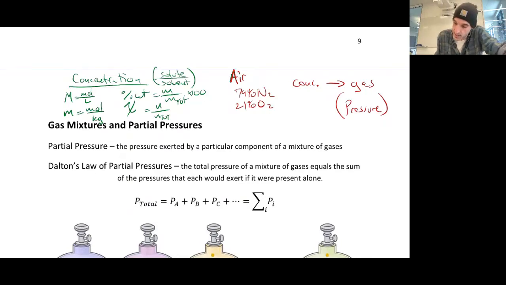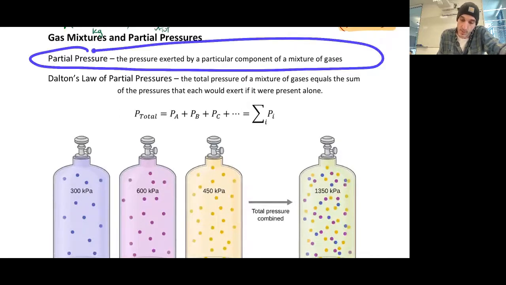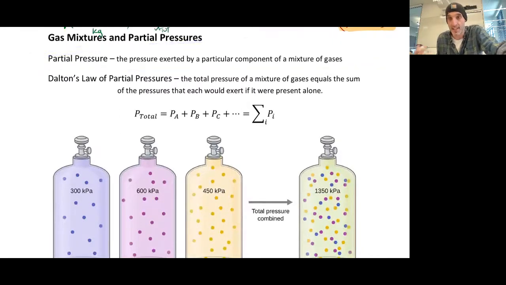So pressure is equal to concentration when we're talking about gases. That 79% nitrogen is going to apply a certain pressure because it's part of the mixture, and the oxygen is going to apply it as well, similarly based on how much is present. That brings us to the idea of partial pressures: the pressure exerted by a particular component of a gas mixture.